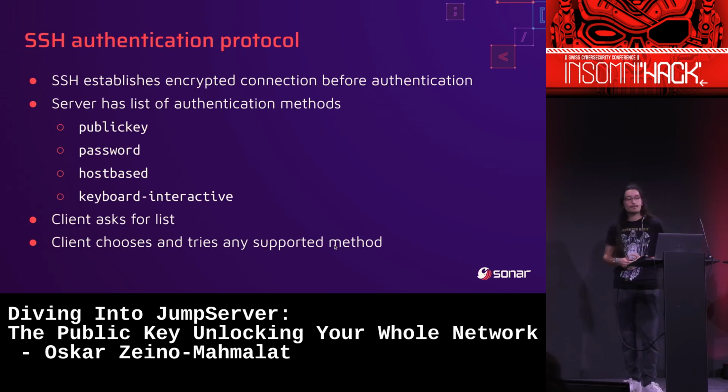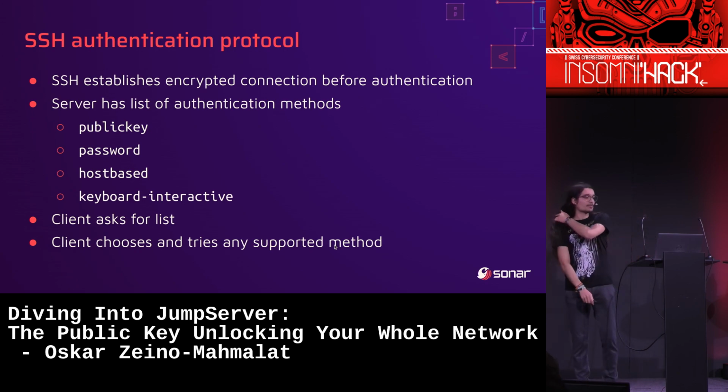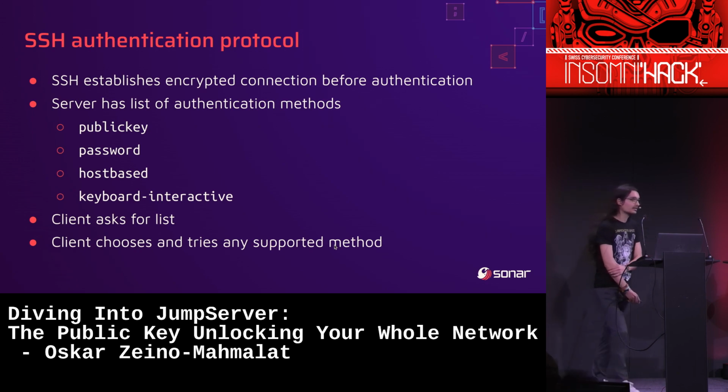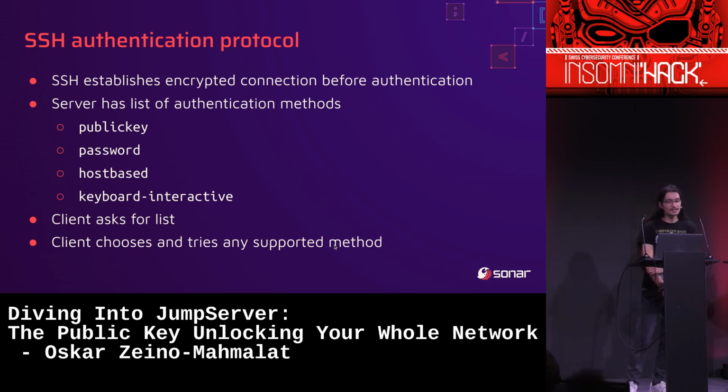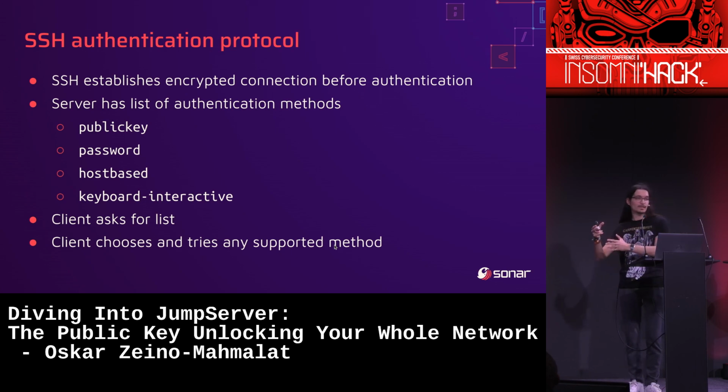The SSH authentication protocol is something that I don't know if a lot of people know how it exactly works. Everybody probably knows SSH is something where I can connect to a server, it's encrypted, I can authenticate, I get a shell. But the authentication is happening right in the middle, so after the encryption, but before actually getting a shell connection or something else.